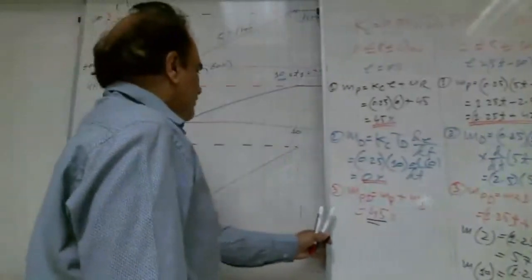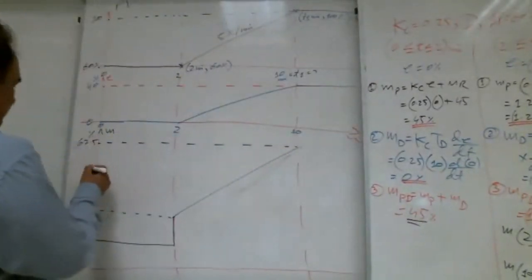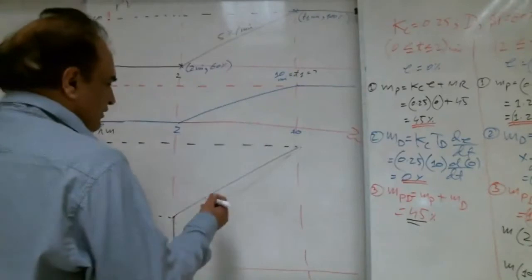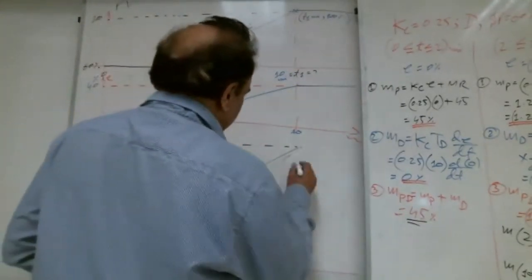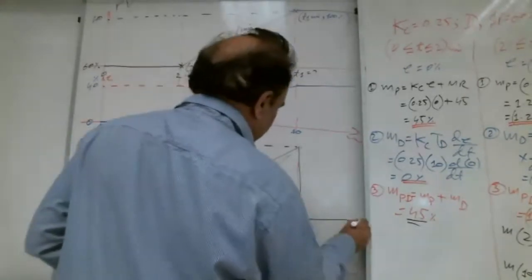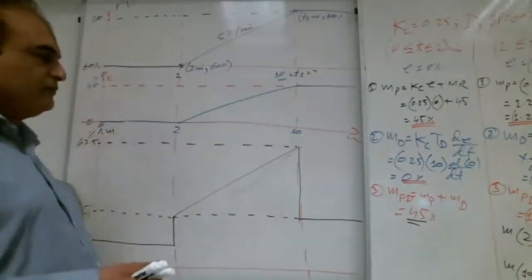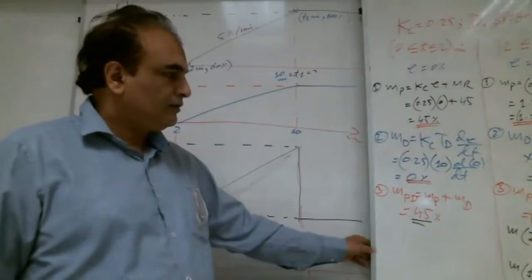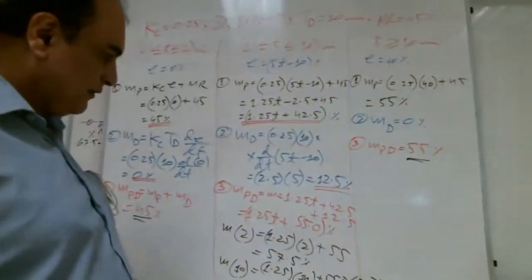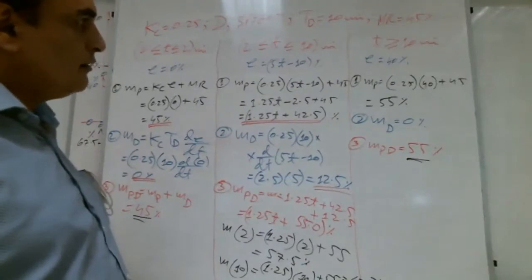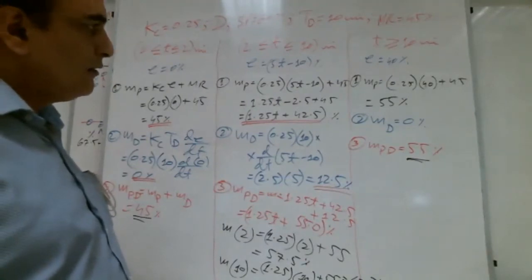Very good. So it will come down here. The 55 line is already there, right? So it comes down here like this. Your second point is 57.5. Which one? 2, 57.5 at 2.